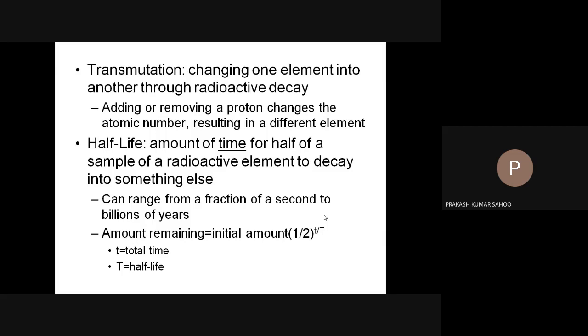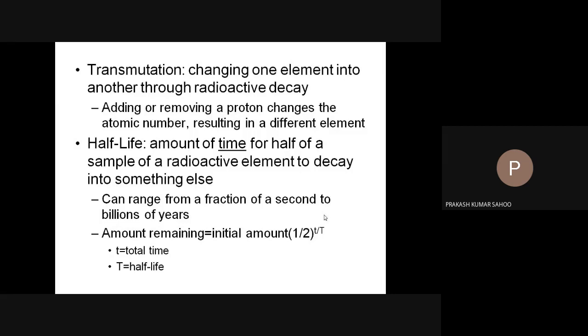And this disintegration of nuclei, that is radioactive disintegration, obeys first order kinetics. So that's why here lambda is the disintegration constant, right?